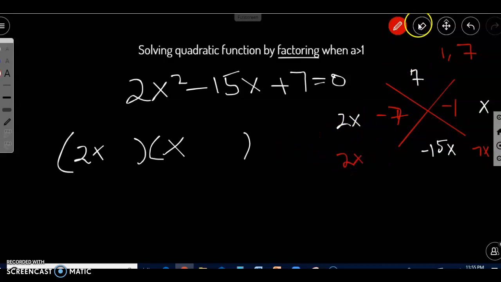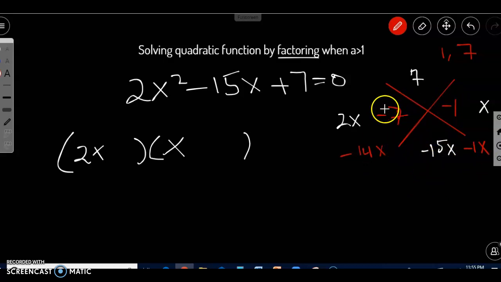And here when we multiply 2x times negative 7 will give us negative 14x, and here when we multiply will give us the negative 1x that we are looking for, and when we put it together we get 15.